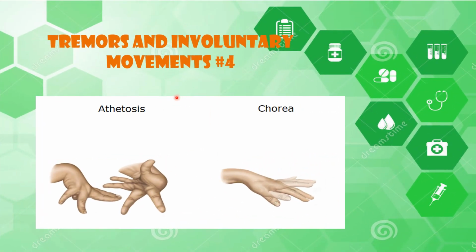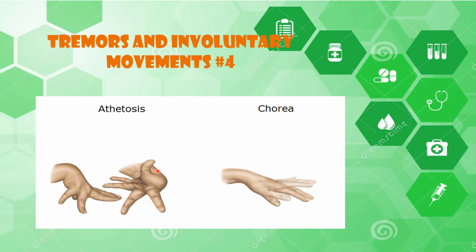Okay, so another abnormality of tremors and involuntary movements, we have here the athetosis or athetoid movements that are slower and more twisting and writhing than choreiform movements and have larger amplitude. They most commonly involve the face and the distal extremities.